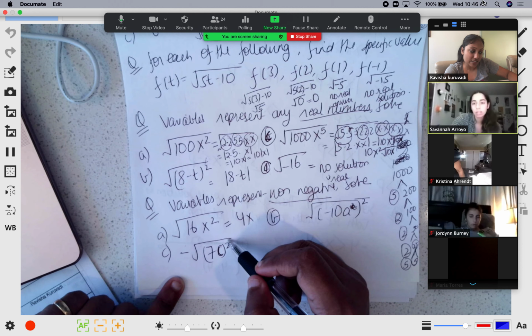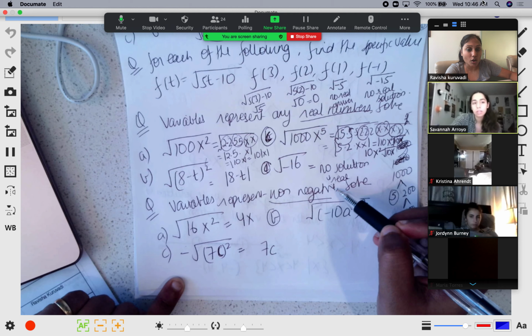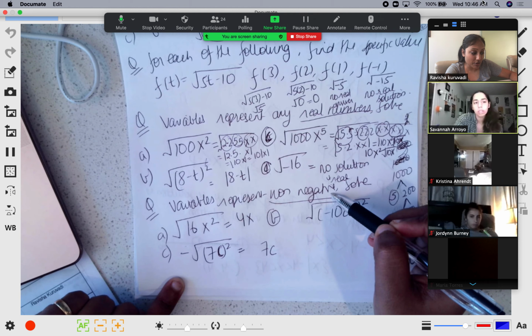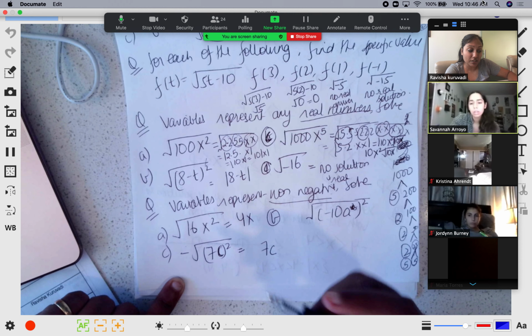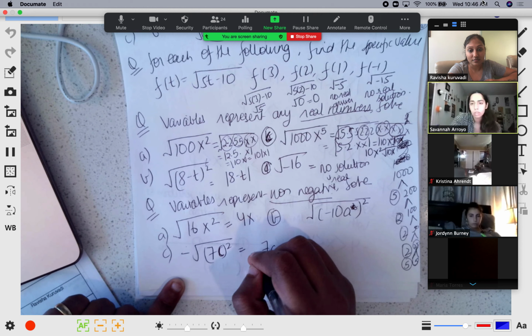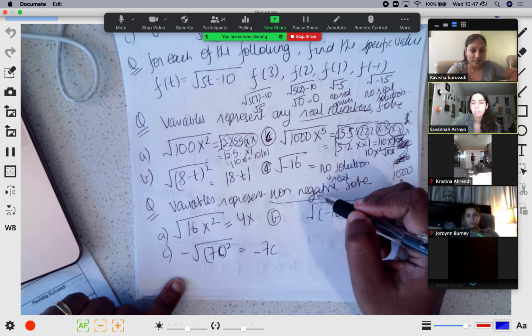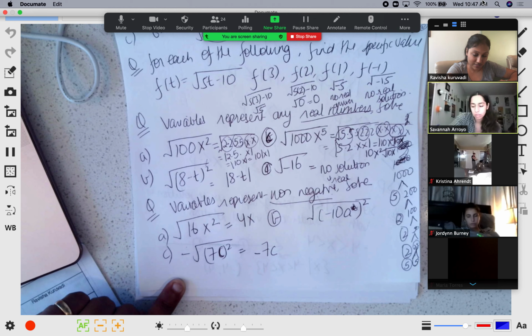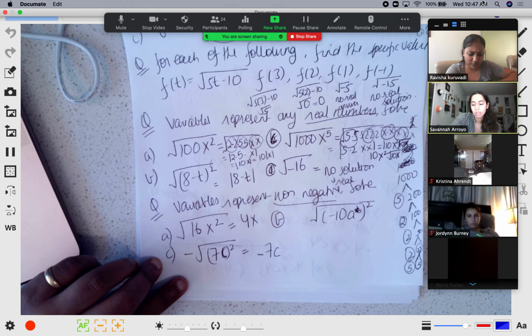You're left with 7C. I don't have to worry about the absolute sign because it's non-negative. If it's real numbers, I have to worry about the absolute. But note, I had a minus sign outside, so I have to put that minus sign outside. So it'd be a minus sign and then absolute value of 7C? No, we are not putting the absolute sign because it is non-negative. Right, sorry. So just negative 7C? Yes, perfect.